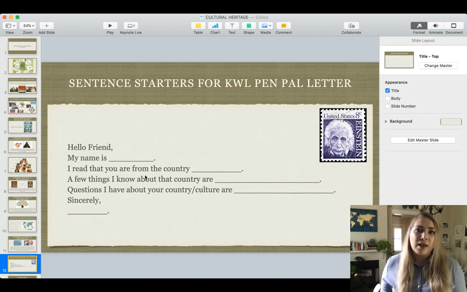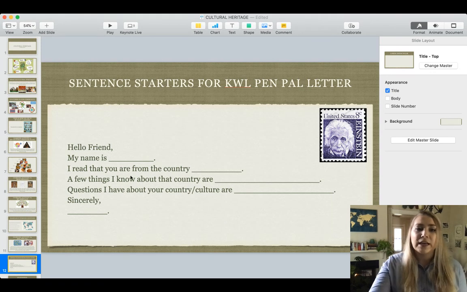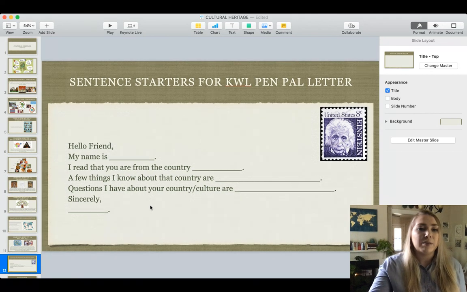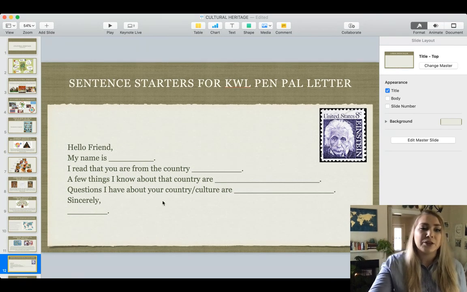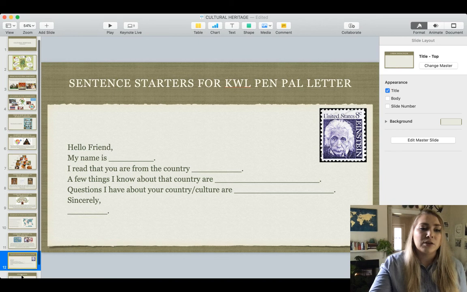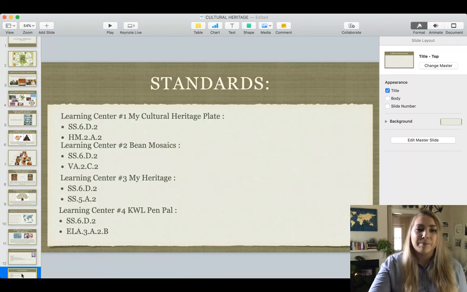And then they will do research, whether on lap books or in textbooks about that country, and be able to answer the questions and write back with answers, like a real pen pal activity.